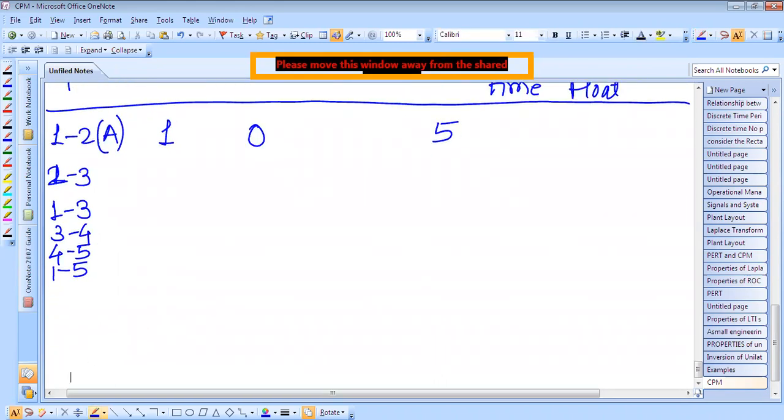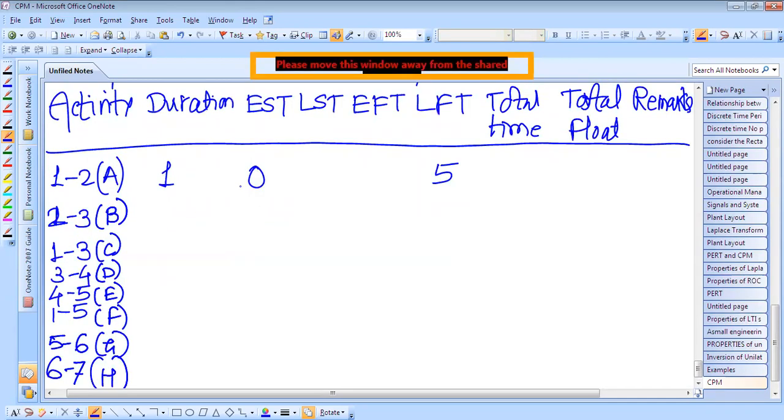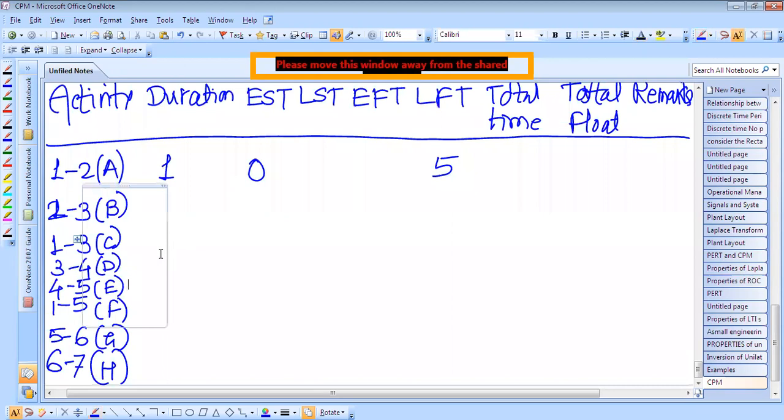And then next is the 5, 6 activity. Next is the 6, 7 activity. So this is B activity, this is C activity, this is D activity, E activity, F, G and H activity. Now we have already mentioned the time duration for each activity in the arrow diagram.